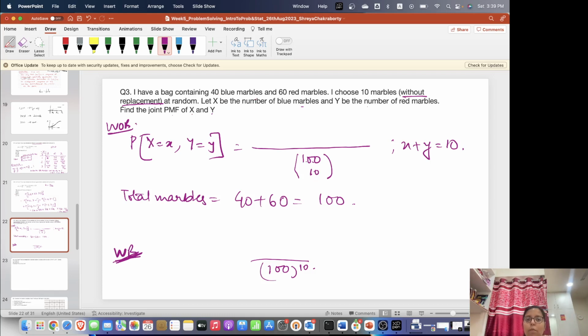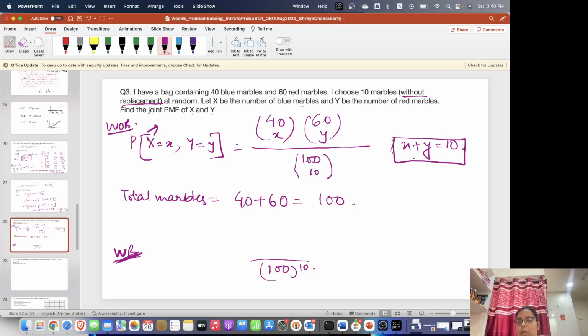Now 40 are blue. Let x be for blue. So we would have 40Cx, and 60 are red. So from 60 we can choose this. But it is very important to note this line.